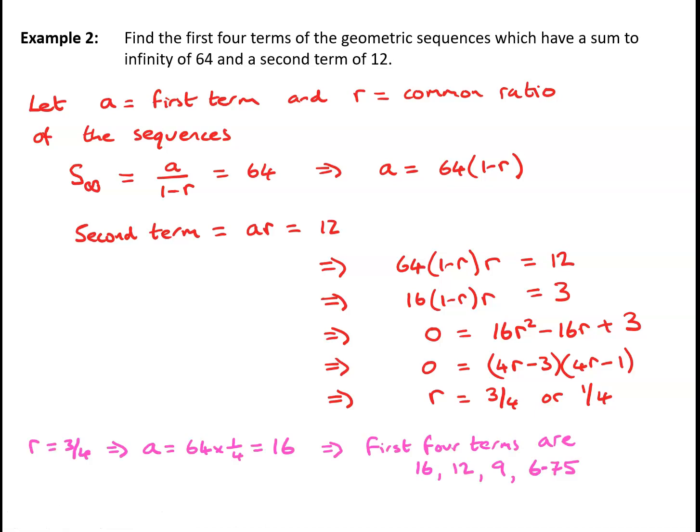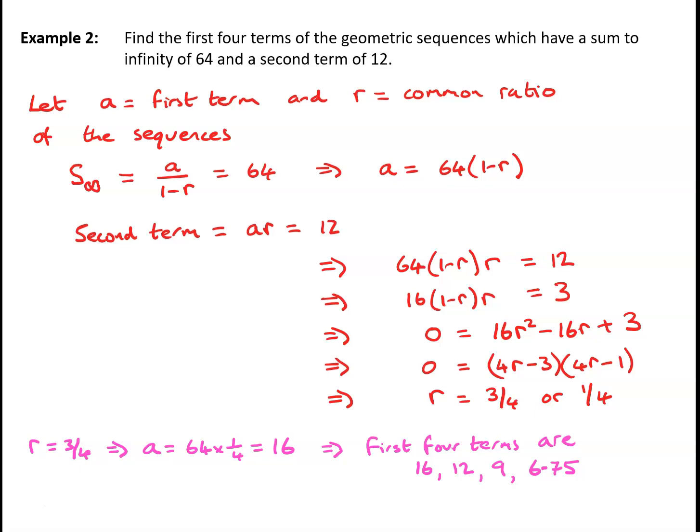If r equals 3/4, then a must be 64 times 1 minus r, which gives me 16, in which case the first 4 terms of the geometric progression with a equals 16 and r equals 3/4 are 16, 12, 9 and 6.75.